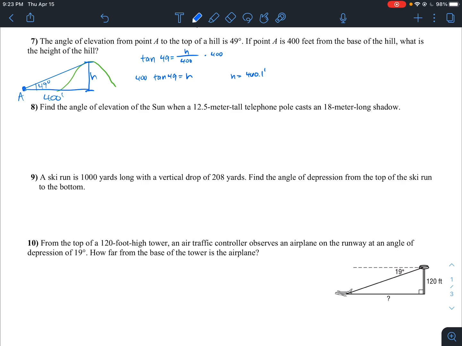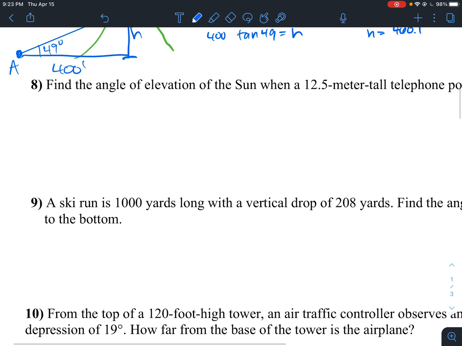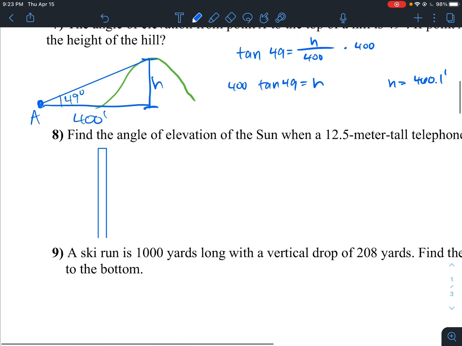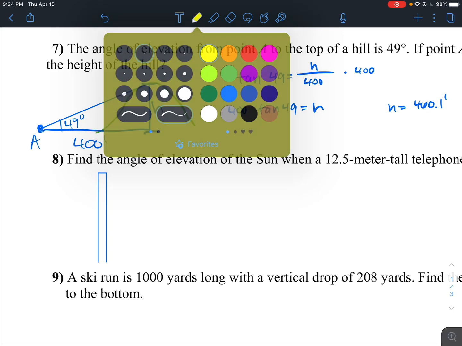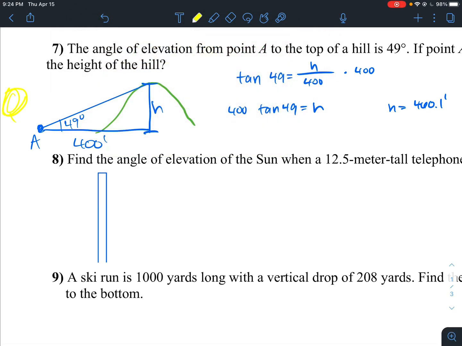So we know that there's a sun, we know that there's a telephone pole, and we know that it casts a shadow. So let's just draw a picture like that. So telephone pole, got this big long telephone pole right here. We do know that there's a sun up in the sky, somewhere up here, and it's casting a shadow.